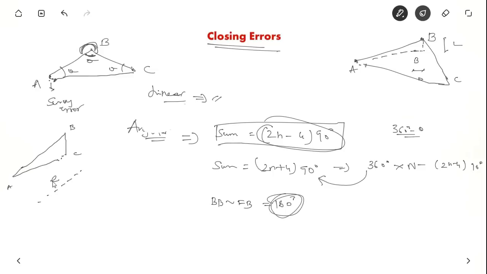Let us denote this by E. So this will be latitude and this will be departure, sigma L and sigma D. This will be L1, D1, L2, D2, L3, D3. For each side you will have a latitude and departure. So if this is E, these will be sigma L and sigma D.